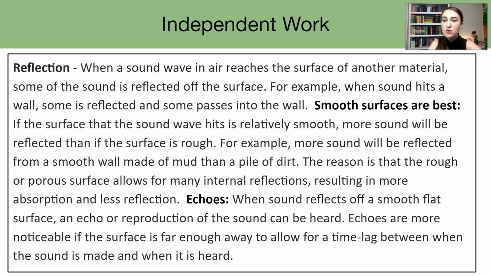Reflection. When a sound wave in air reaches the surface of another material, some of the sound is reflected off the surface. For example, when sound hits a wall, some is reflected and some passes into the wall. Smooth surfaces are best. If the surface that the sound wave hits is relatively smooth, more sound will be reflected than if the surface is rough.